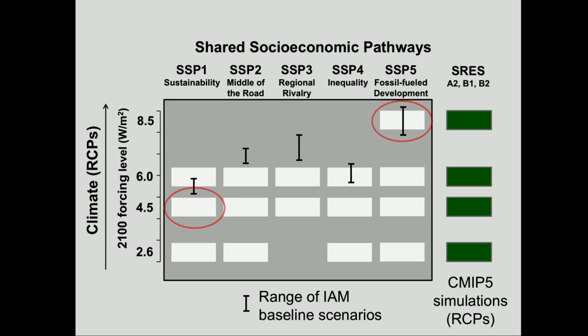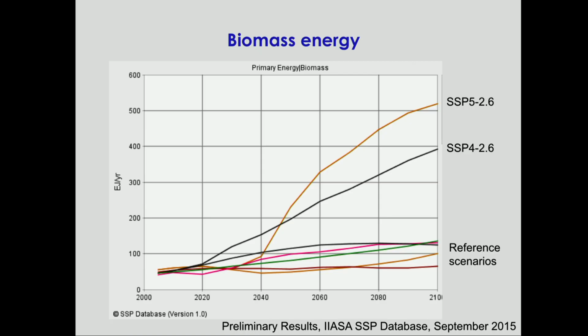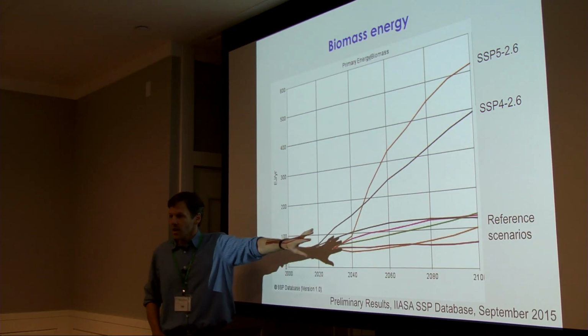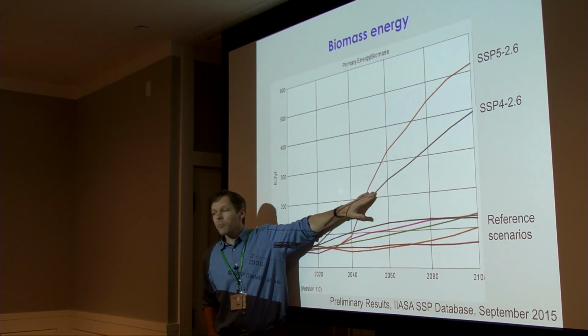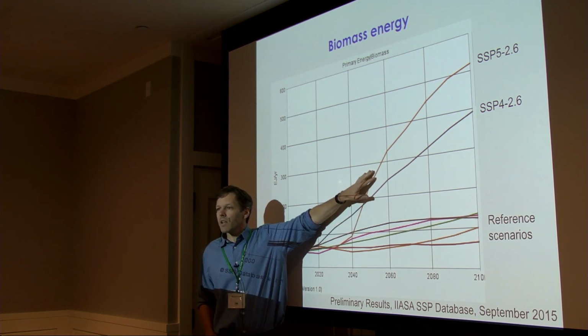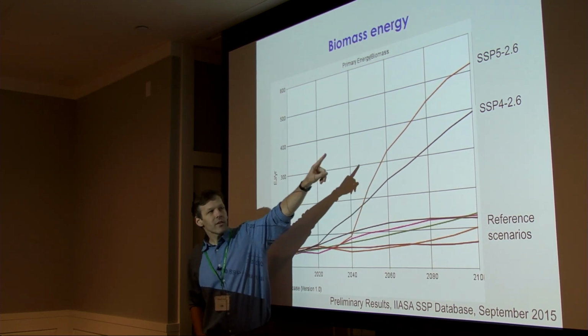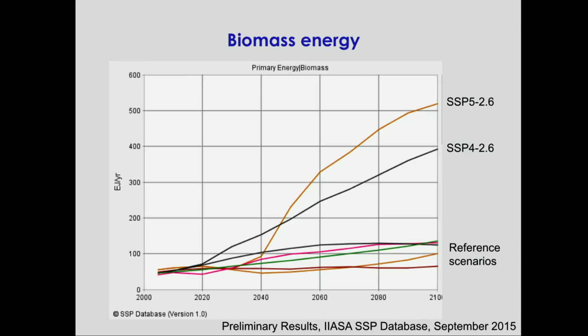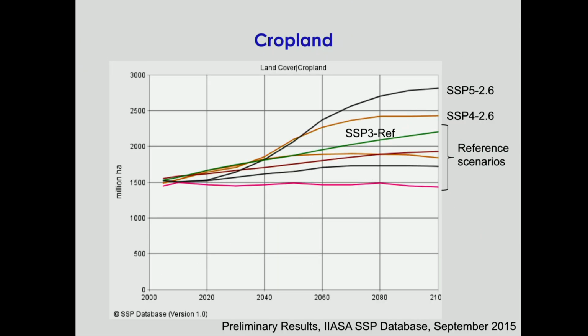Okay, just a couple more results that may be of interest. Bioenergy came up yesterday. Here's bioenergy projections in all the reference scenarios, so right, not a lot in the baselines. If you add mitigation in a couple of the SSPs, you get lots of bioenergy use. And it turns out it's in SSP 4 and 5. As a consequence, if you're looking at things like cropland, total global cropland, you get a spread in the reference scenarios.